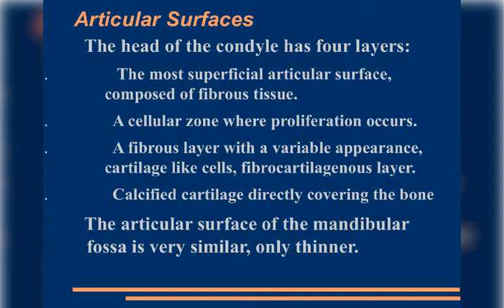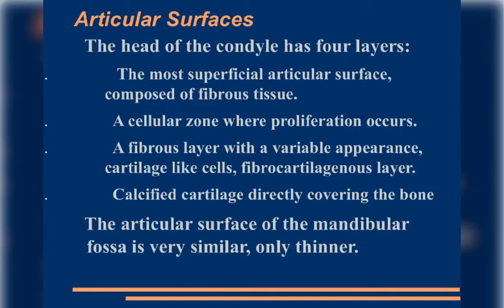Then below this fibrous layer we have a cellular zone where proliferation occurs. It's also called the proliferative zone or the cellular zone. Then we have a fibrous layer with variable appearance and cartilage-like cells.